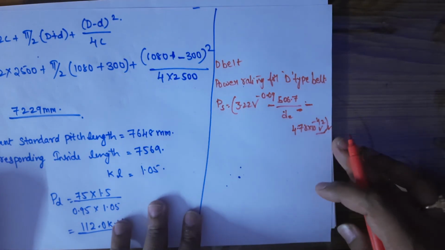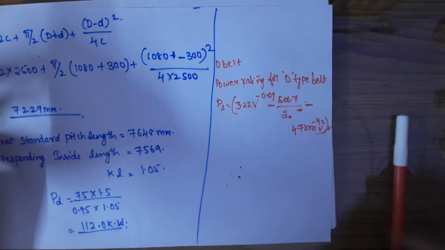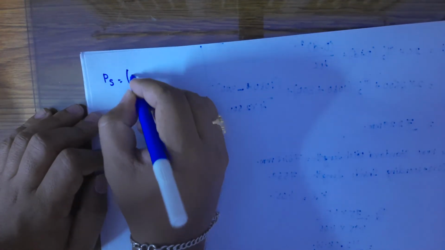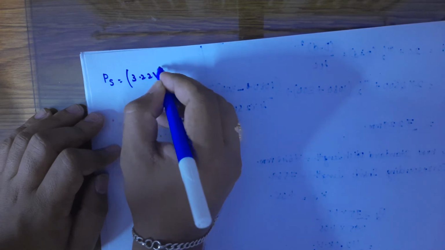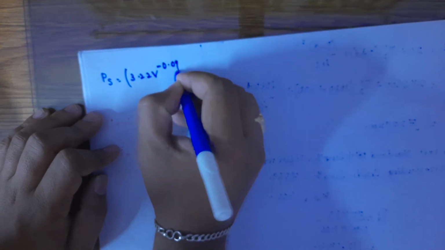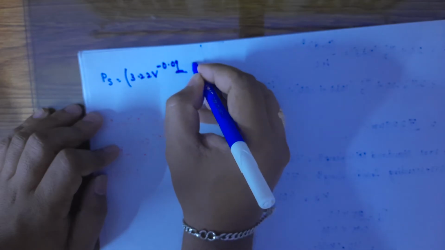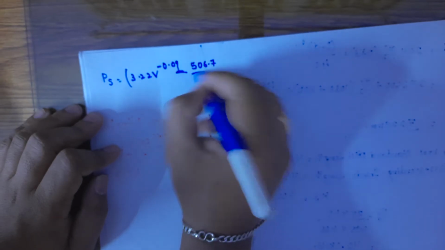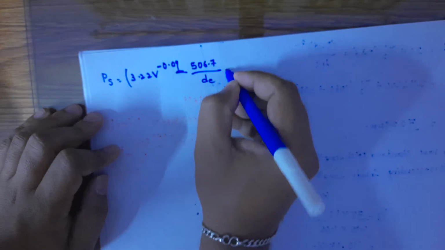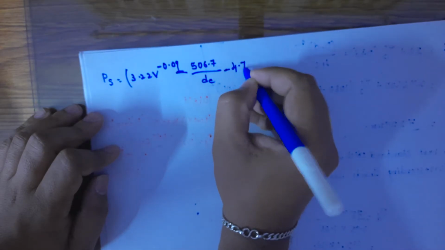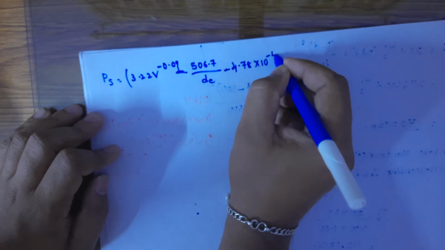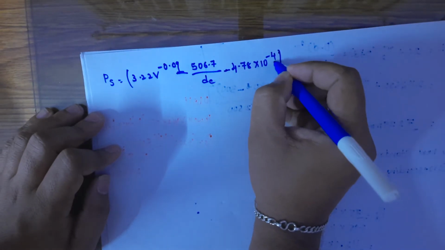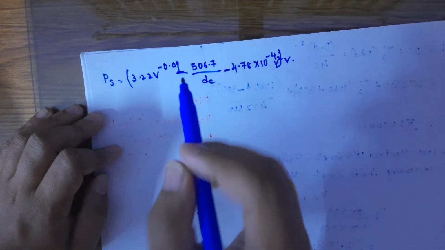Sorry, I have congested that formula here, so I don't want to congest here. Let me write the formula once again. PS is equal to 3.22 V to the power 0.09 minus 506.7 by DE minus 4.78 into 10 to the power of minus 4 V square into V. So this is the formula.